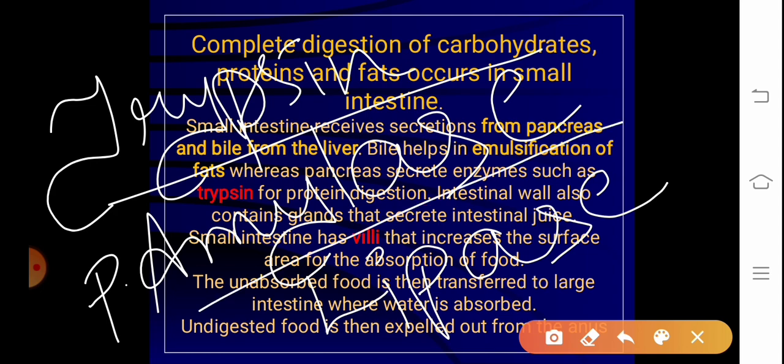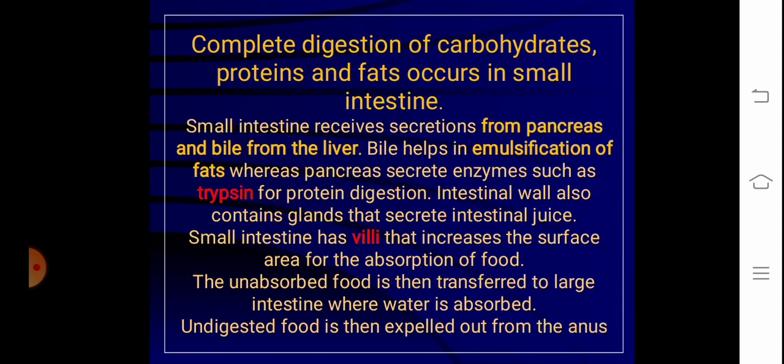Amylase converts the carbohydrates into glucose. Then what about lipase? Lipase converts the fat into fatty acids and glycerol. So these are the main things which happen when the secretions from both the liver and the pancreas are added to the food from the stomach in the small intestine.